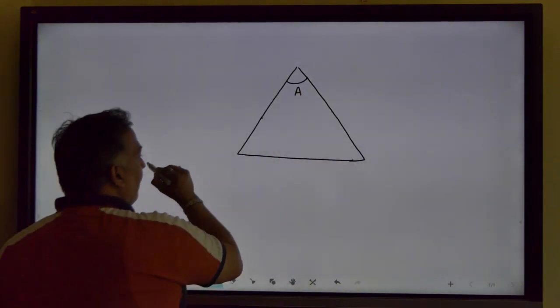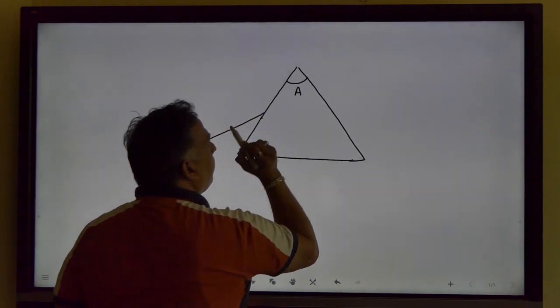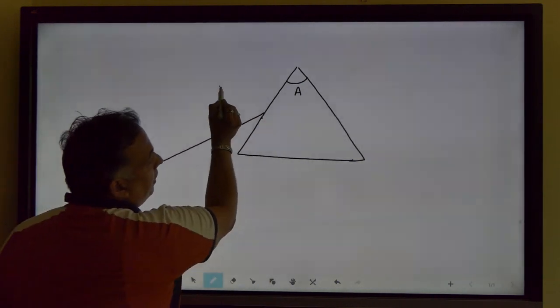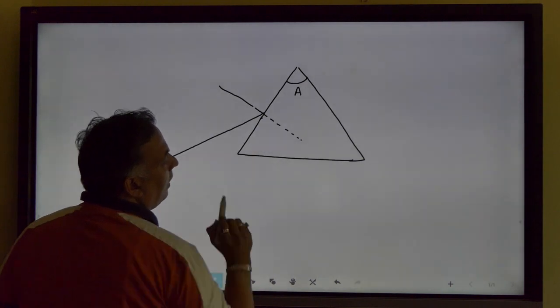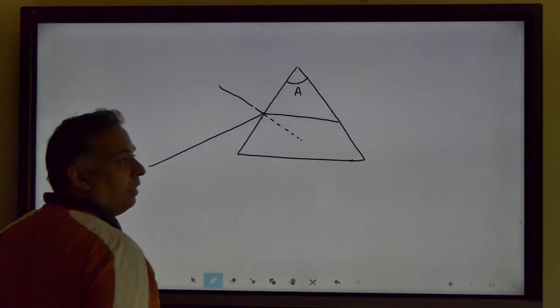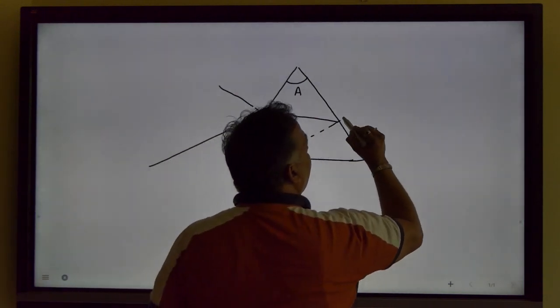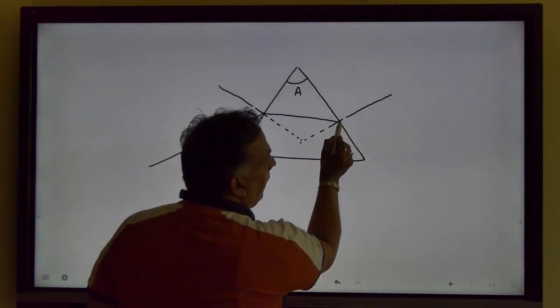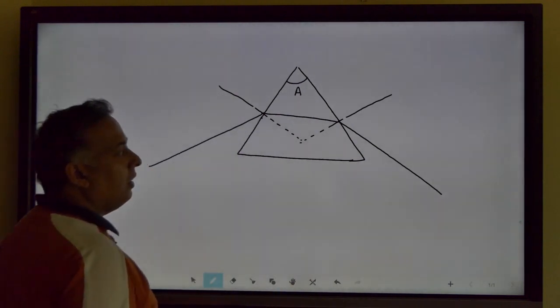Any ray striking the surface of the prism, if I mark the normal, will bend towards the normal. And if I mark a second normal, it will bend away from the normal.